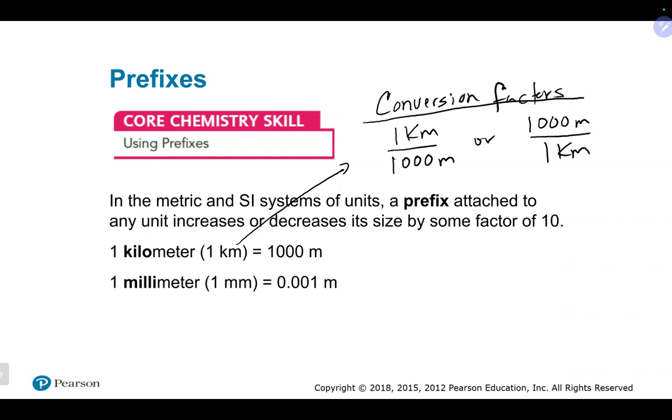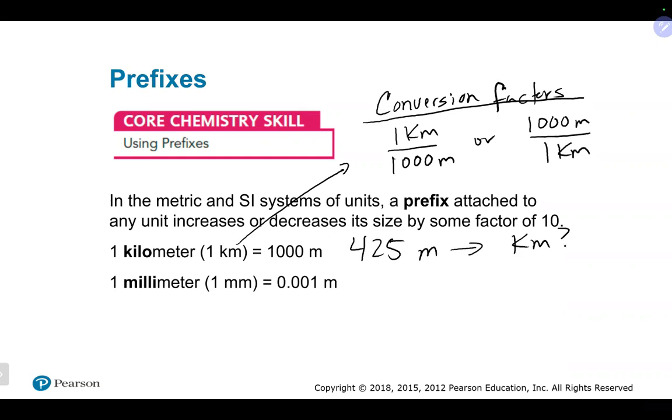We could use it in a calculation, as we will see in a few slides, which is sometimes referred to as dimensional analysis. That is essentially how you're supposed to do conversion problems. For example, let's say we had 425 meters, and we want to know how many kilometers that would be.